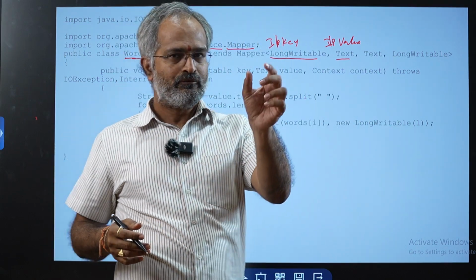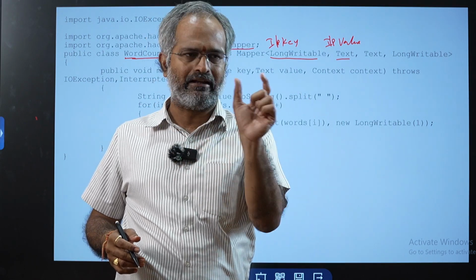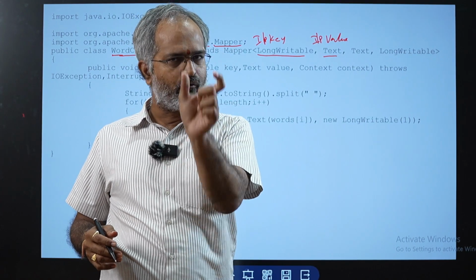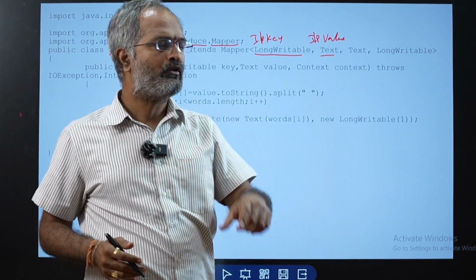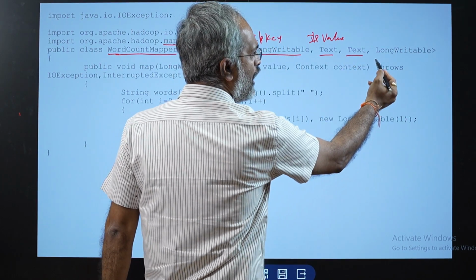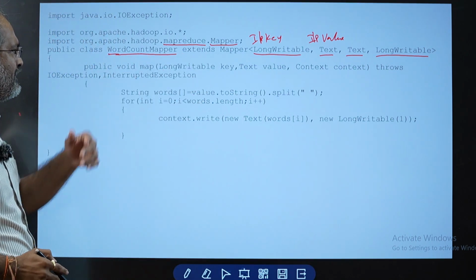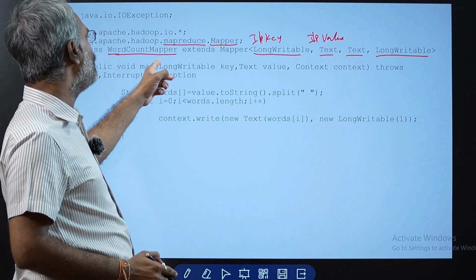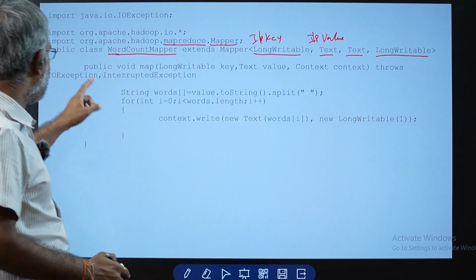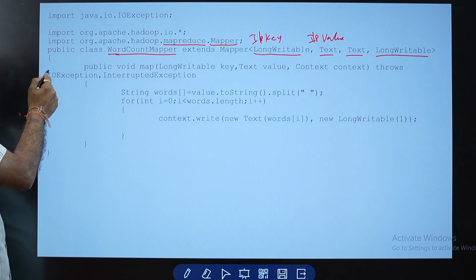The output is HDFS, 1, distributed, 1. Like this, first is the word and then the number. Because of that, the output key is Text and the output value is LongWritable because it is an integer. So WordCountMapper extends Mapper of this, and now I have to define the map method.